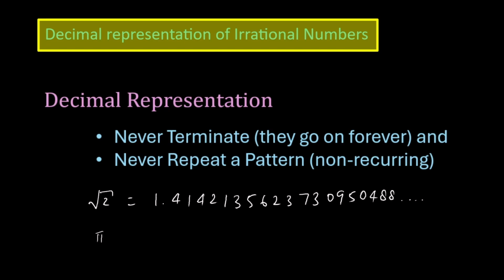Another irrational number is pi, its decimal representation is 3.14159265358979 and so on. No matter how many millions of digits you calculate, they will never end and they will never settle into a repeating loop.